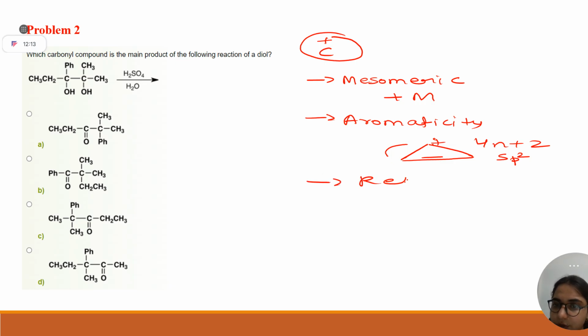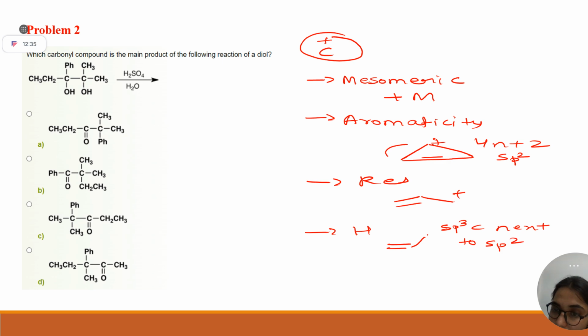For resonance, you know that allylic and benzylic are stabilized, correct? Hyperconjugation is an sp3 carbon next to an sp2 carbon. Note this: the number of hydrogens on the sp3 carbon next to the sp2 carbon is the hyperconjugation count.